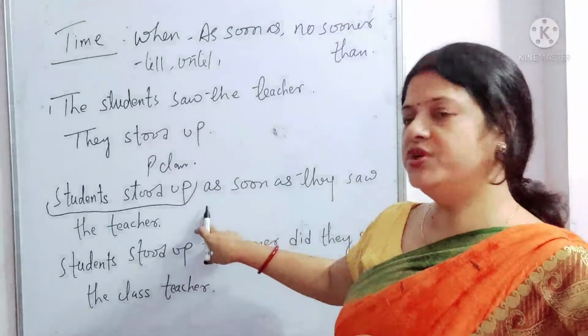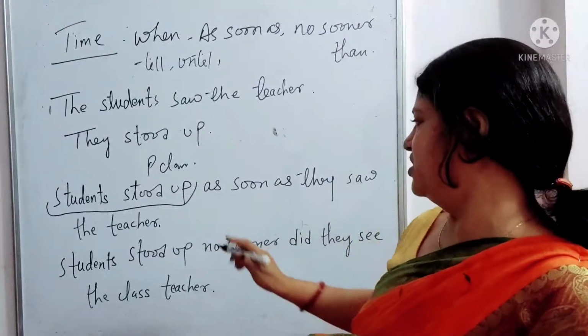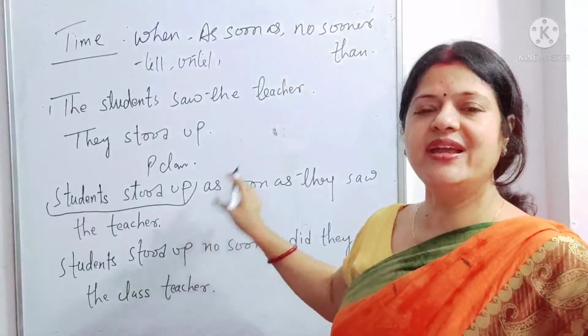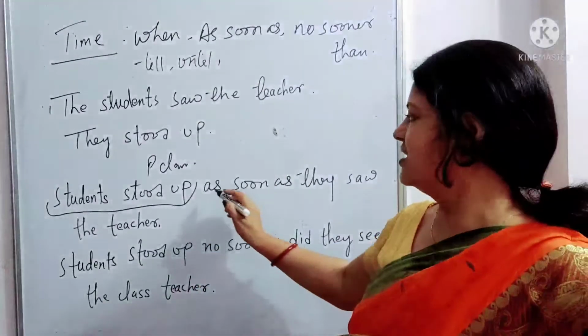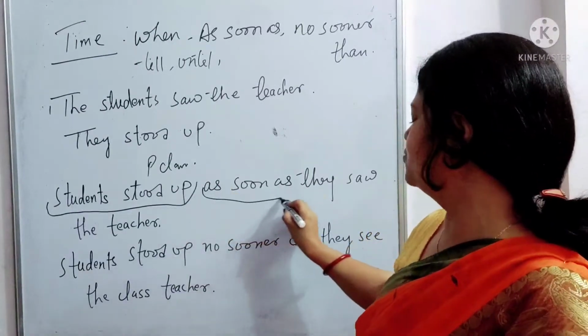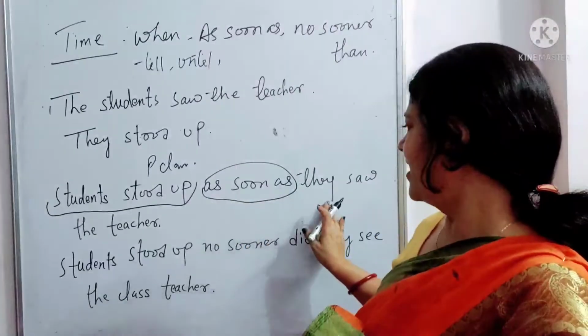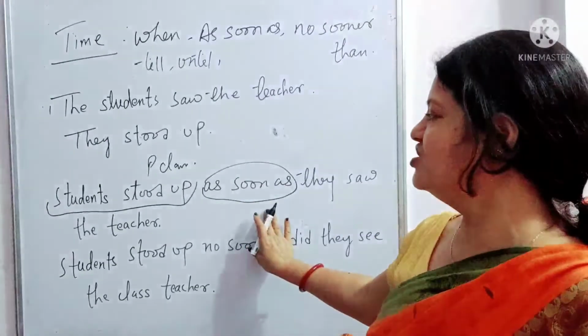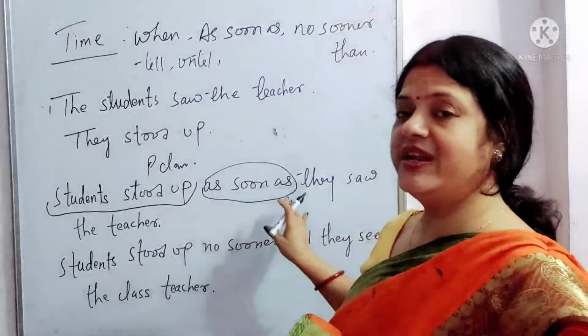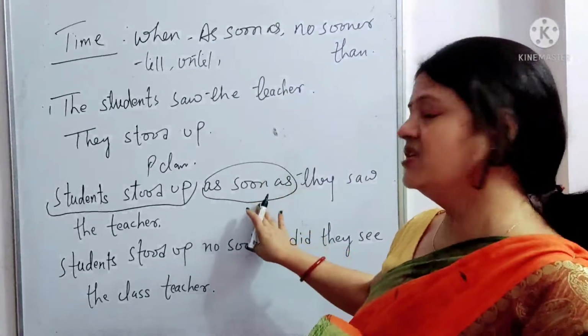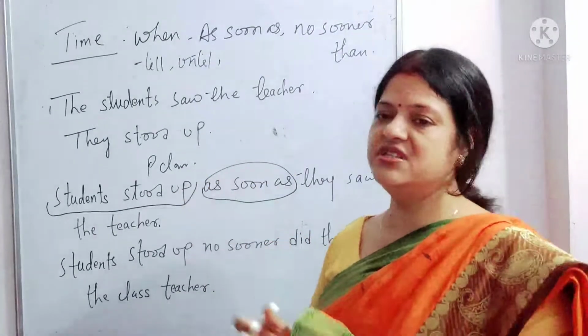Students stood up as soon as they saw the teacher. This is a subordinating adverb clause starting with the conjunction as soon as. This is the subordinating conjunction, this is the subordinating clause, and this is the principal clause.